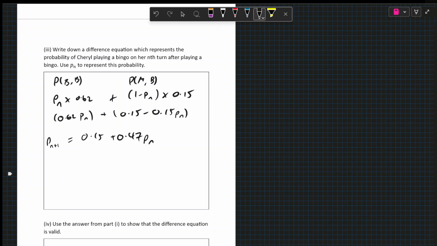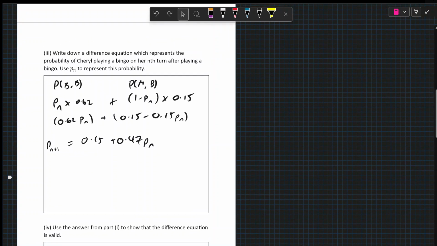Now, I did do one method for the rhinoceros. It doesn't matter. So now I'm going to do the separate method. So the first part of the solution says that the probability is equal to a constant C1 times the growth rate, which is 0.47, to the n.